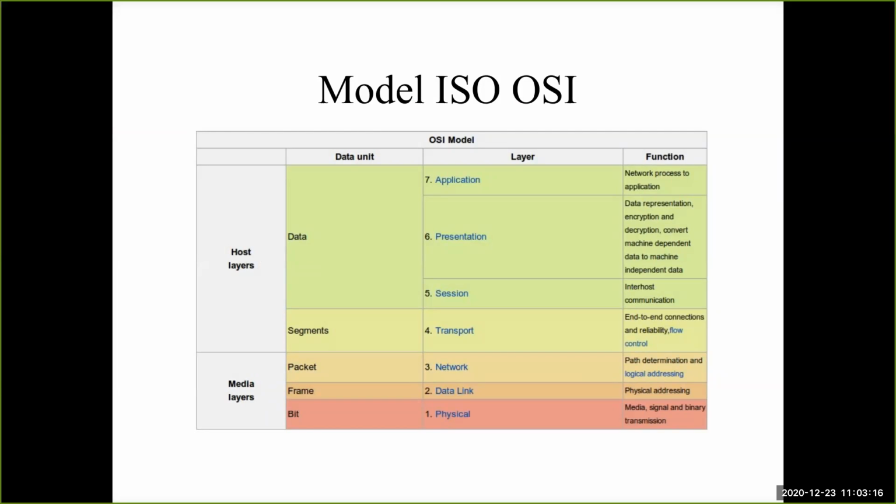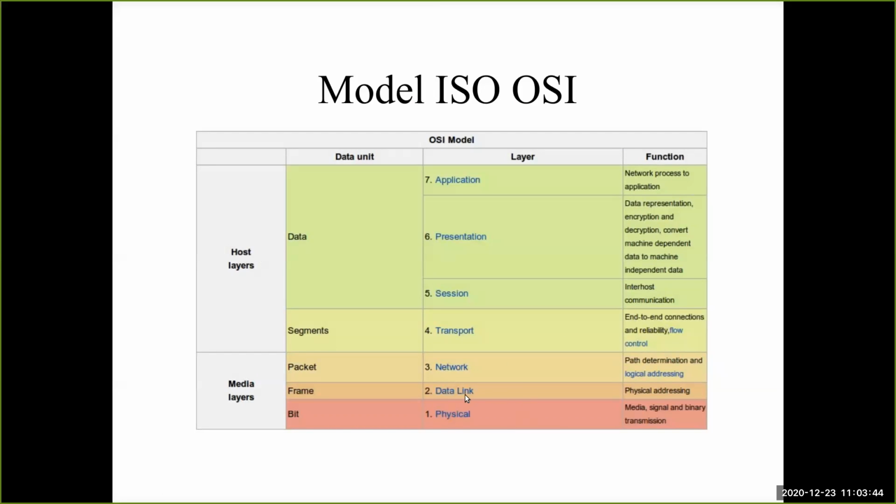So here you have the ISO-OSI model. This model is used to describe different aspects of network, and also to make the network technology more flexible. So we have 7 layers here.